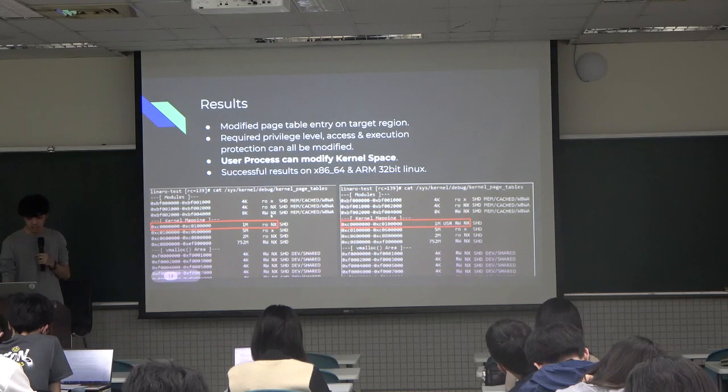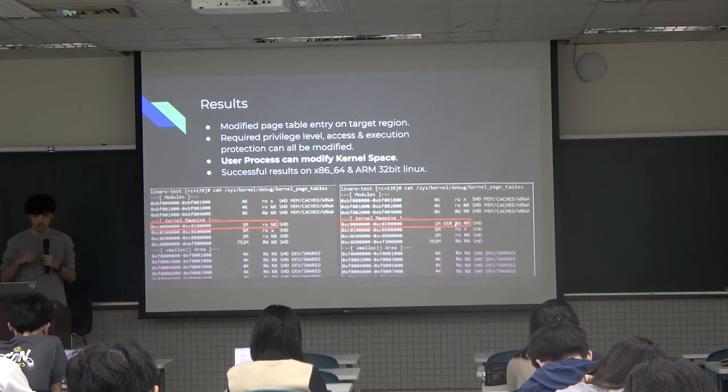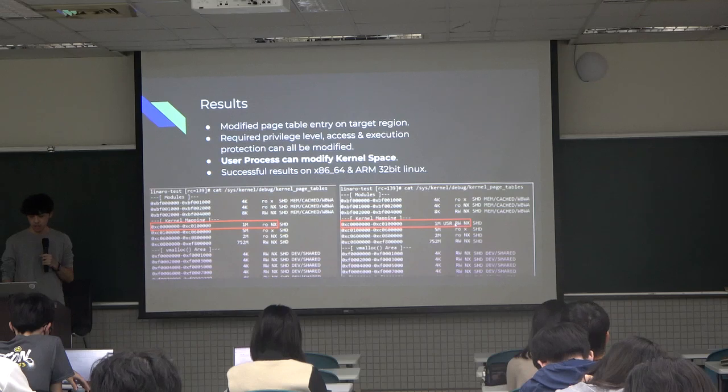These two pictures show that the first kernel space region is successfully modified to user privilege and read-write access. So if a new user process is created, it can easily rewrite this kernel area.